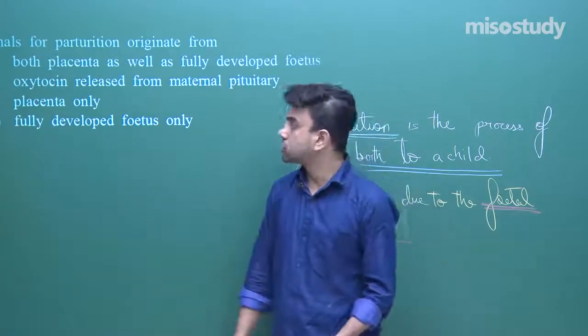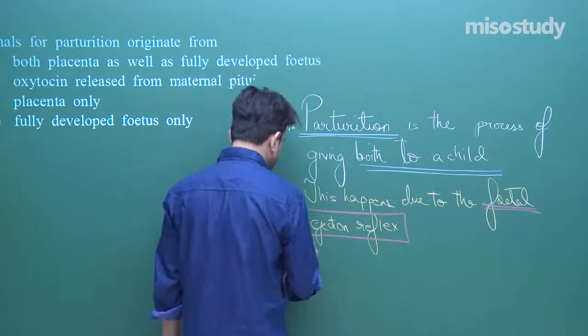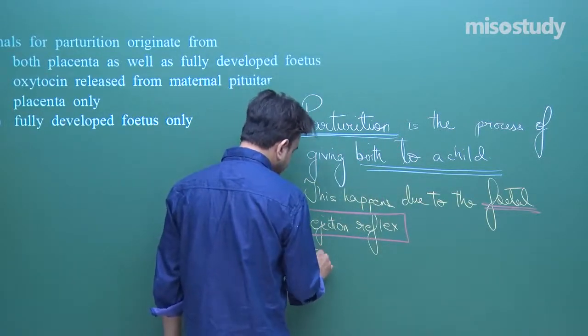What is parturition, and why does it happen? It is under the influence of the hormone oxytocin.